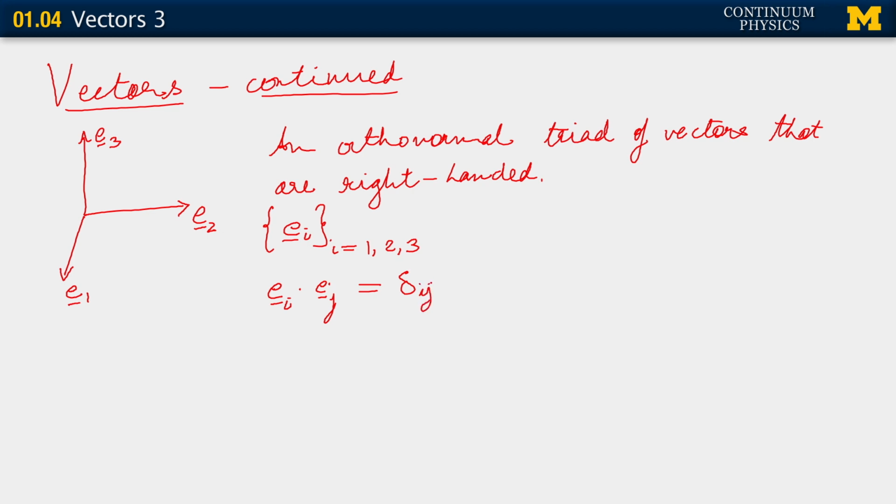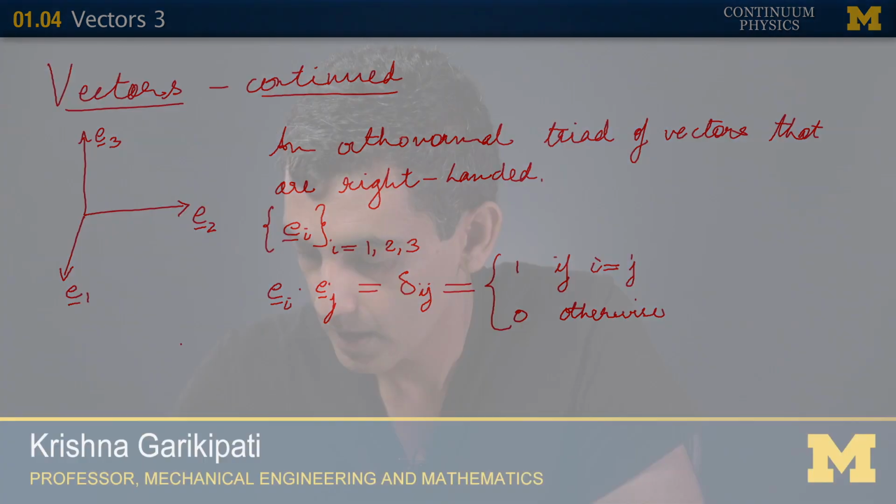Okay? This new symbol should be familiar to all of you. It has the following properties, right? Delta ij is equal to 1 if i equals j, and it's equal to 0 otherwise, right? Otherwise being if i is not equal to j. Do you remember what delta ij is conventionally called?